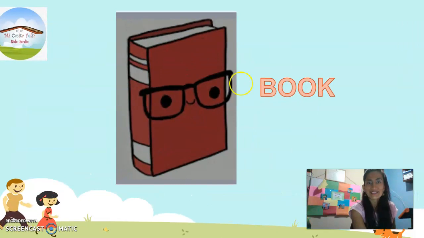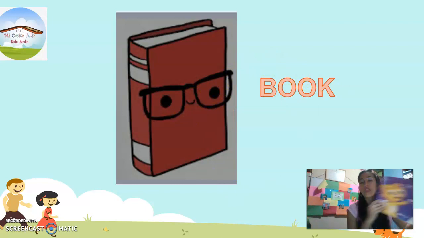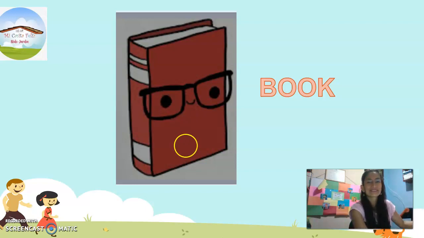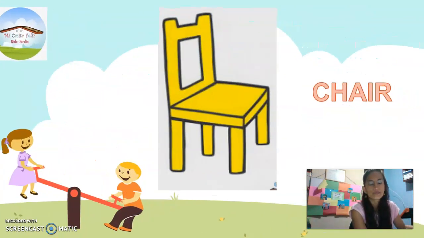What is that? That is a book. What is this? This is my book. Look, what is that? That is a chair. What is this?